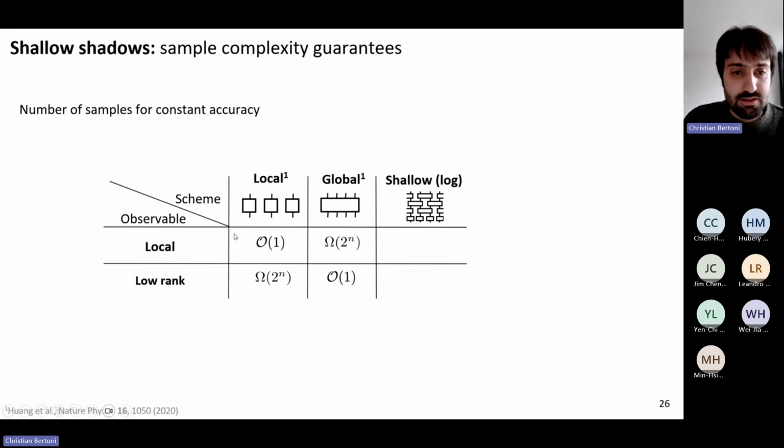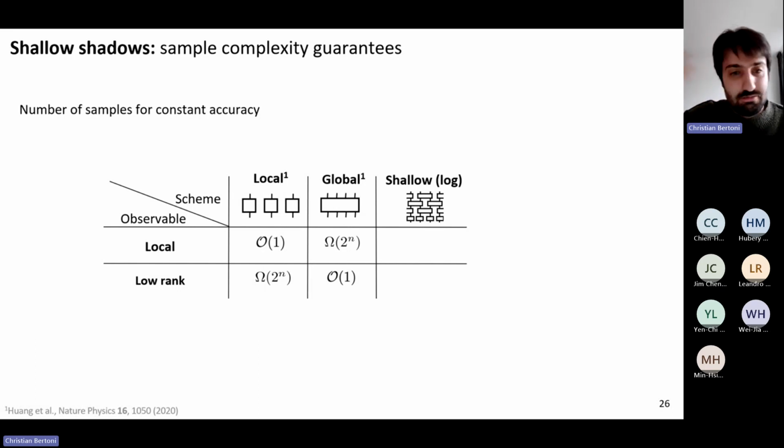And as I said before, if we want to estimate local observables, we only need constantly many samples if we have local shadows. But if we have global shadows, we will need exponentially many samples in general. And vice versa, if we have low rank observables and we only have access to local shadows, we will need exponentially many samples, while if we have access to global shadows, we will only need constantly many samples.